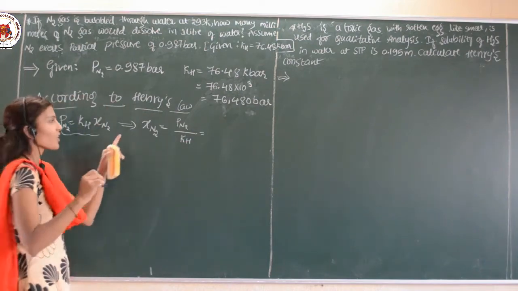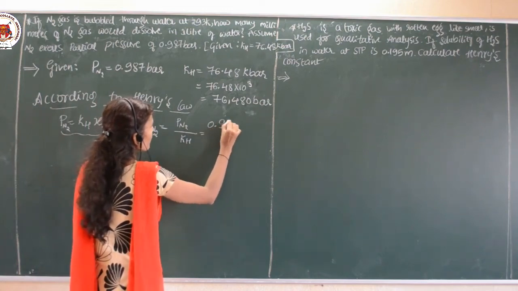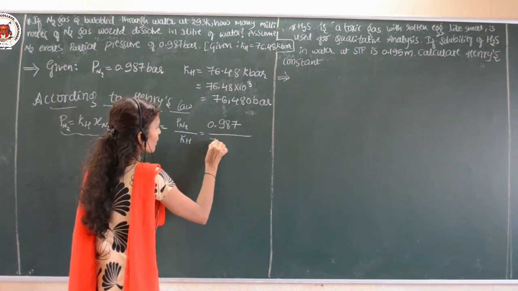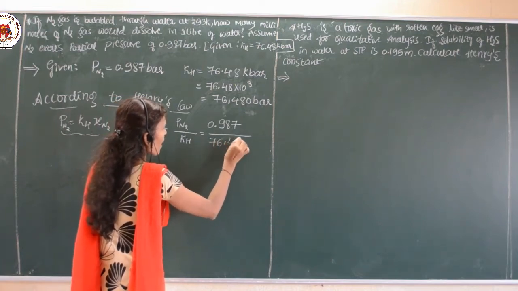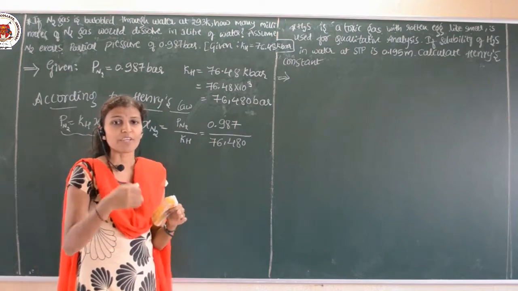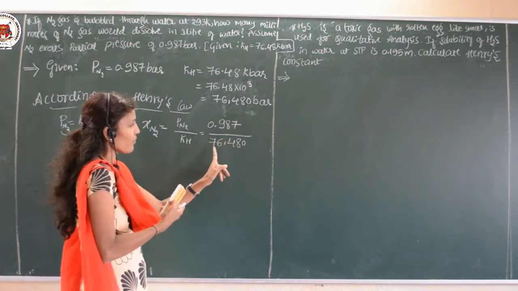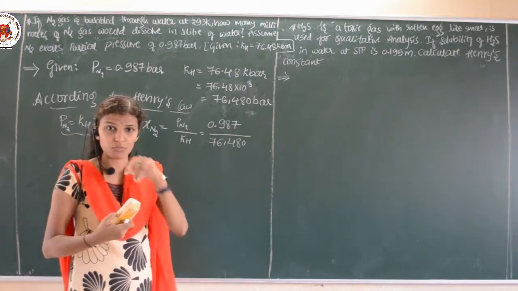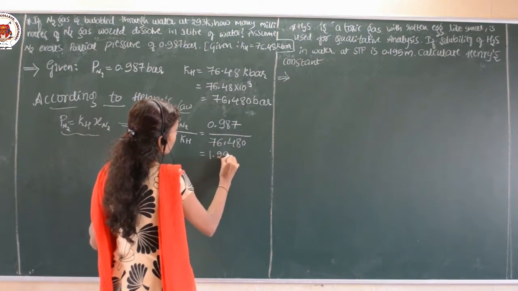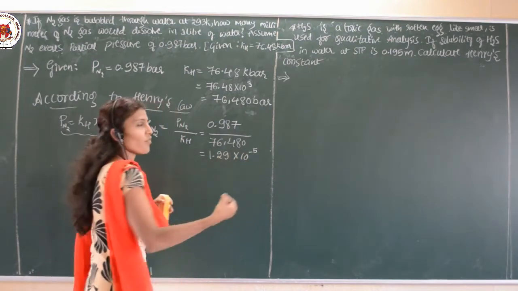Okay. So, the partial pressure of the N2 is already given, 0.987 divided by, we are converting this in terms of bar, 76,480. So, when we calculate this, 0.987 divided by 76,480, it will be approximately 1.29 into 10 to the power minus 5.